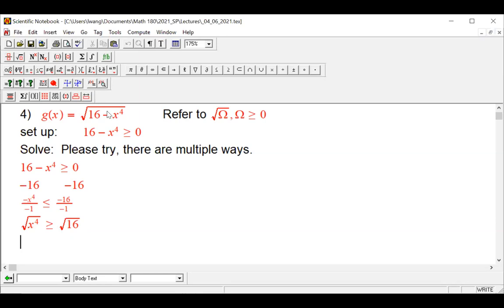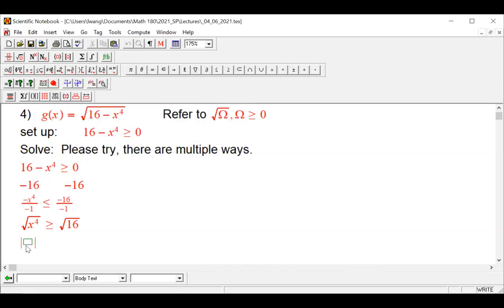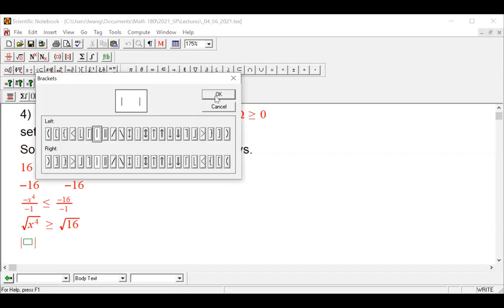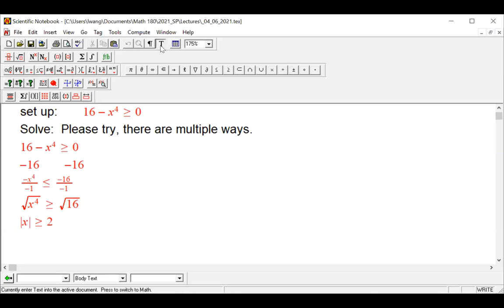But anyway, I'm just going to copy your work and explain to the class. So the absolute value of x greater than or equal to 2. And then he says x is greater than or equal to plus minus 2.